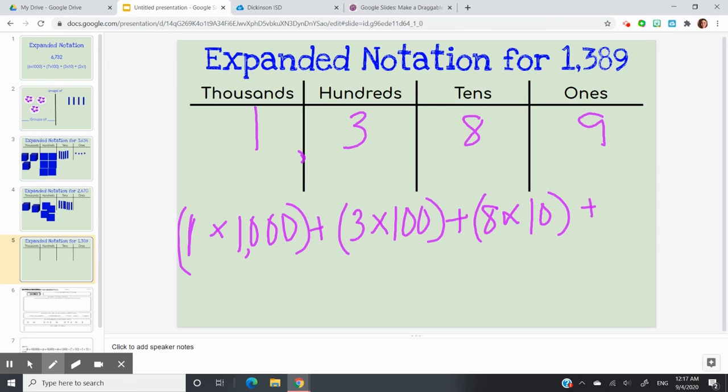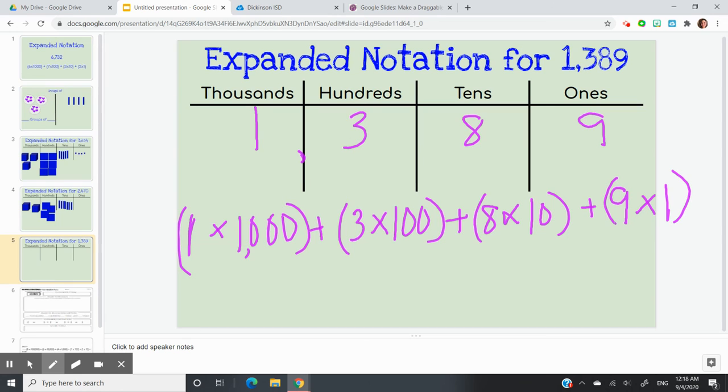And then I have 9 ones, that means I have 9 groups of 1. And there is the number 1,389 represented in expanded form. It's 1 times 1,000 plus 3 times 100 plus 8 times 10 plus 9 times 1.